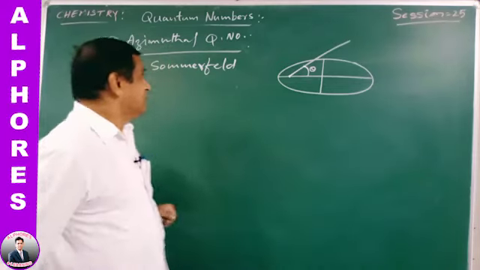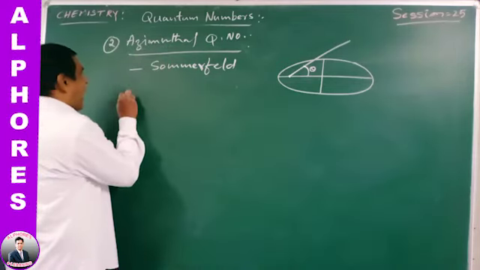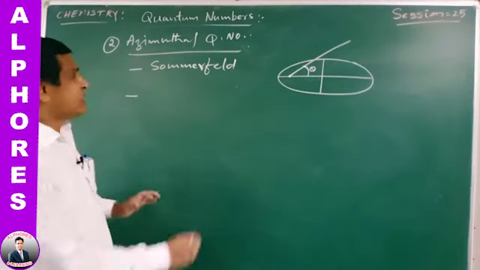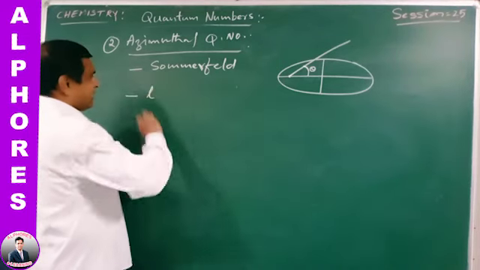You got it? Now, this azimuthal quantum number is denoted by the symbol l.